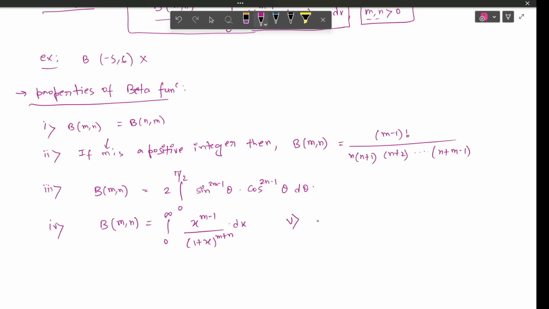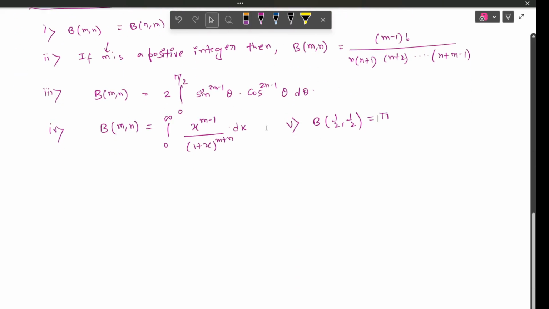Now our fifth property is beta of half comma half is pi. Okay, this is our fifth property. Now let's move forward and see some examples based on these properties.